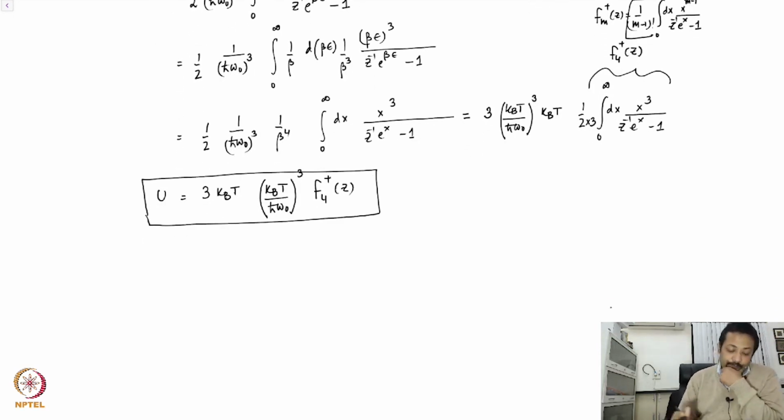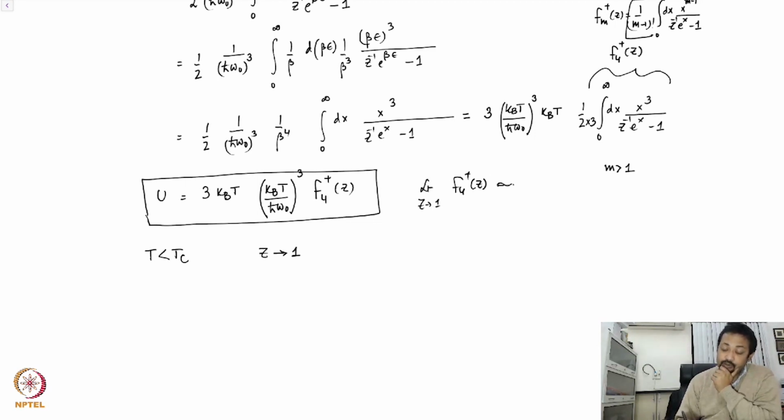Now the idea is, for T less than Tc, I know z goes to 1. Therefore, my f4 plus of z, since m is greater than 1, as z tends to 1, this function value goes to zeta of 4.